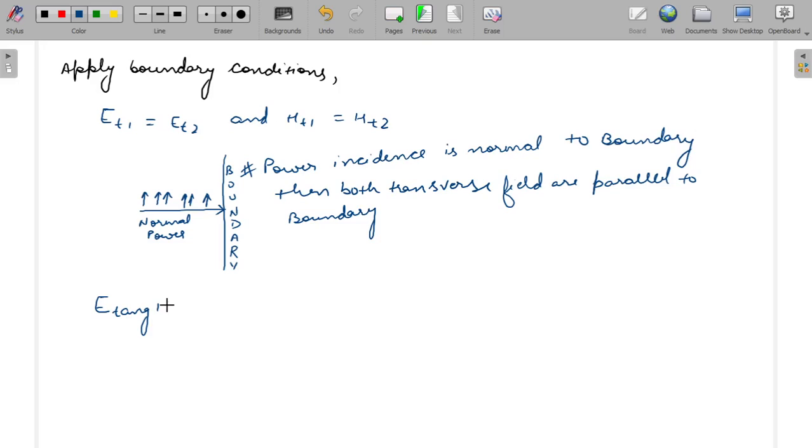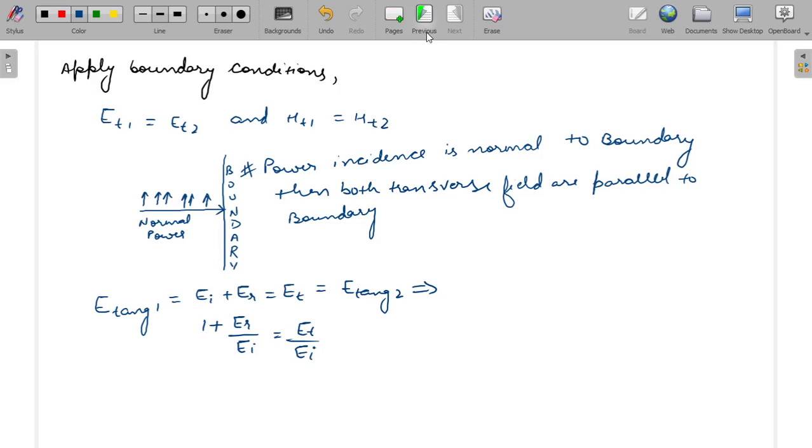E tangential 1, that is given as E incident plus E reflected, that is equal to E transmitted, that is equal to E tangential 2. So we can write it as, when we divide by Ei, we get 1 plus Er by Ei equal to Et by Ei.